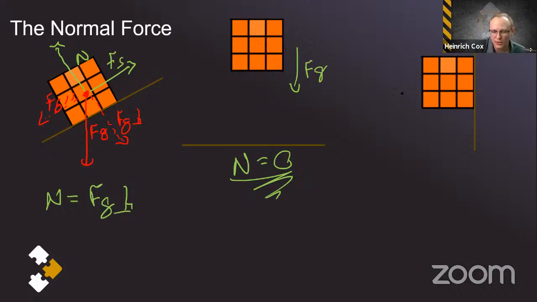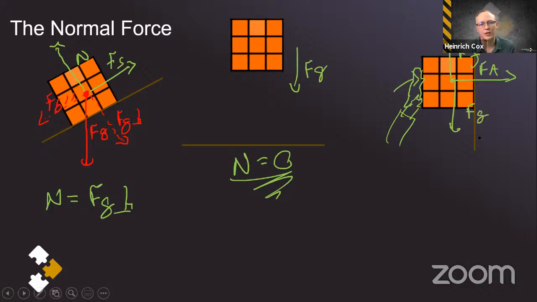And then we've got this super interesting situation where somebody, let me draw a hand, is pushing this block against the wall. And the block's not moving. So what forces are there? There's an applied force going this way. There's got to be friction going up, otherwise it would slide down the wall. And there's got to be Fg going down because gravity is always there if you're on a planet.